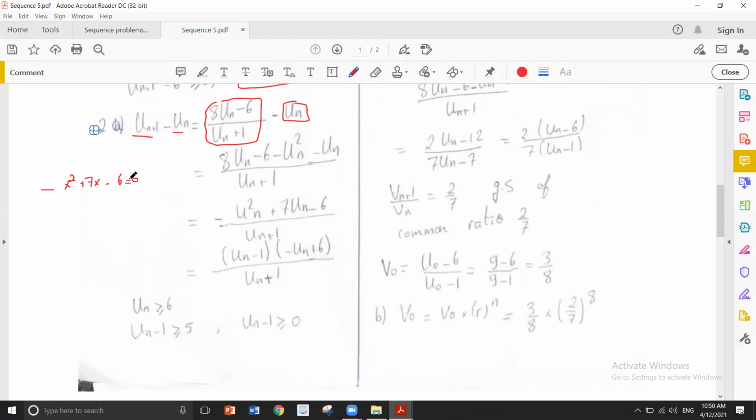A plus B plus C equal to 0 means x1 equal 1 and x2 equal C over A equal 6. The factorization is A into x minus x1 into x minus x2.